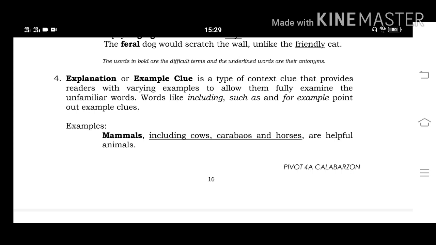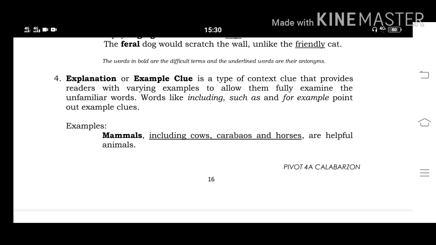Okay, so explanation, okay, pagpapaliwanag, or example clue, okay, paano siya malalaman kung gumagamit ng mga salitang including, such as, for example, okay, as words to point out, okay, ay isang halimbawa ng example clue.